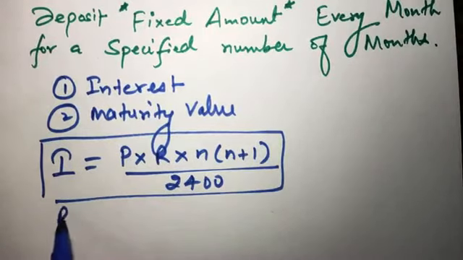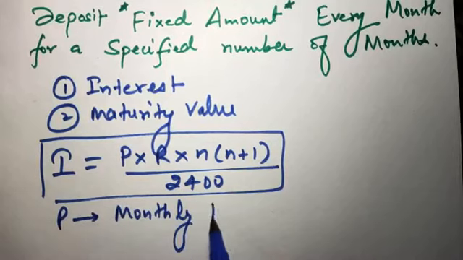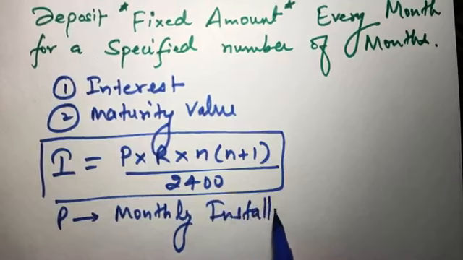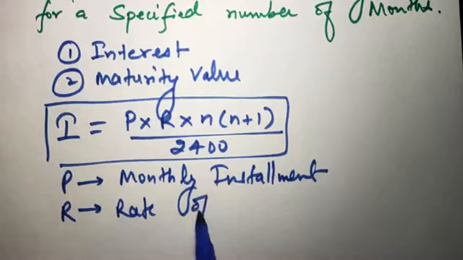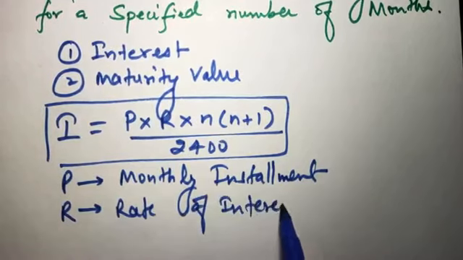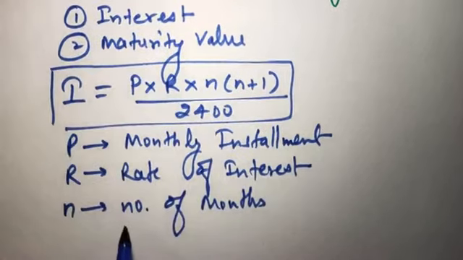Here P is monthly installment, R is rate of interest, N is number of months. I use a short form here. You can write number of months there.